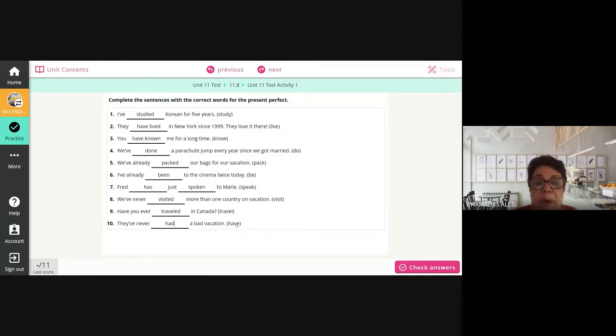So the past participle of the verb have is the same as the simple past of the verb have. This verb is irregular and it has a coincidence because the simple past and the past participle are the same, okay? Had. All right, so let's check the answers.